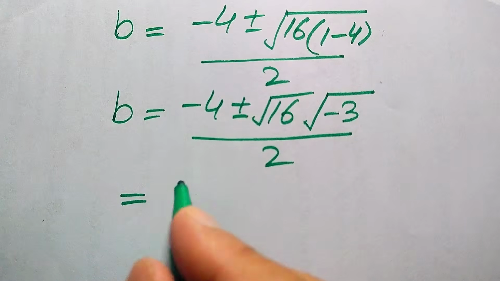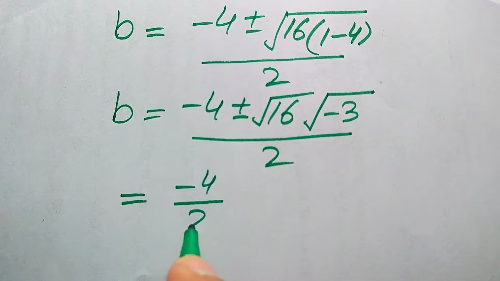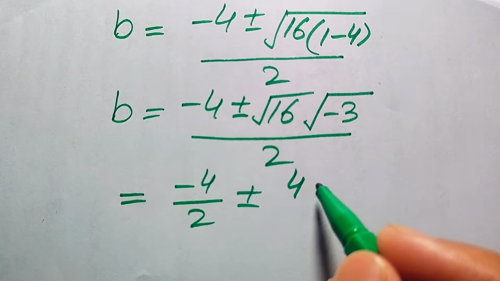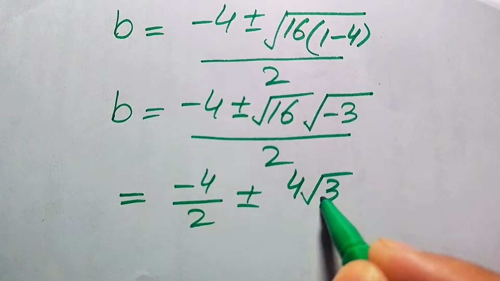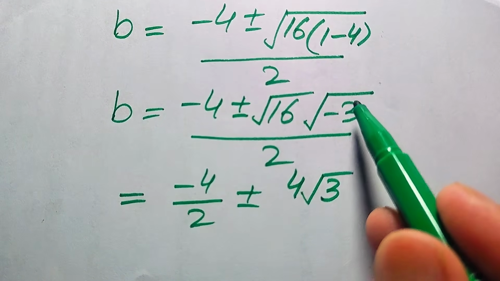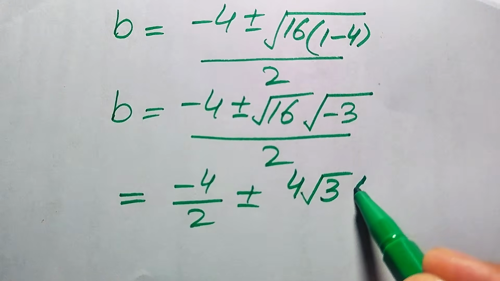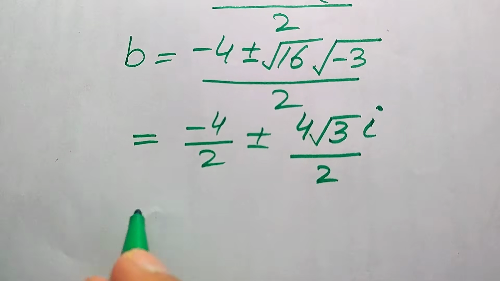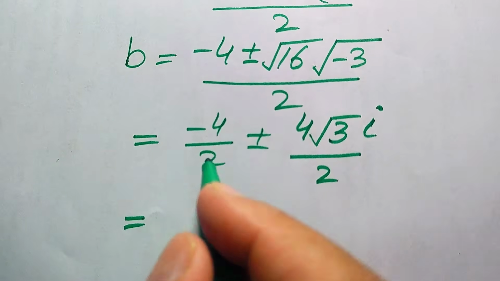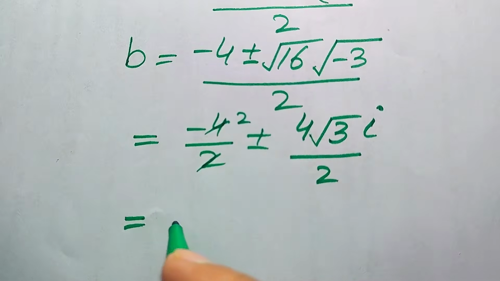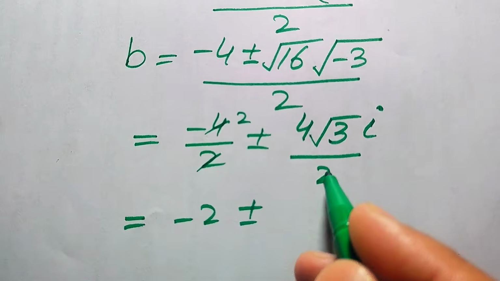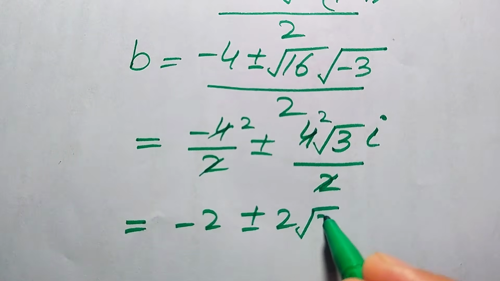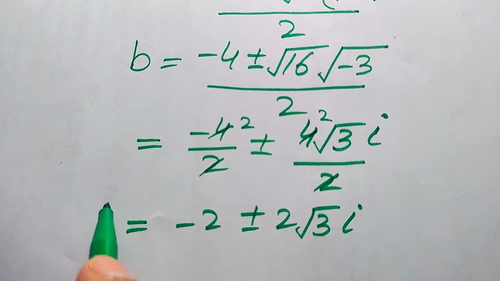So now we break this fraction, and it becomes minus 4 divided by 2 plus minus the square root of 16, which becomes 4, times the square root of 3. And we know that when a negative sign appears inside the square root sign, it becomes iota, and it is divided by 2. So we have 2 times 2 becomes 4, and we obtain minus 2 plus minus 2 times the square root of 3 times iota.